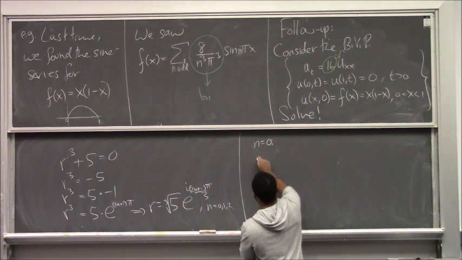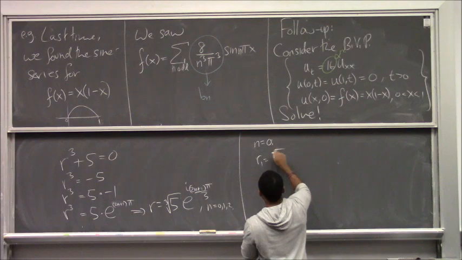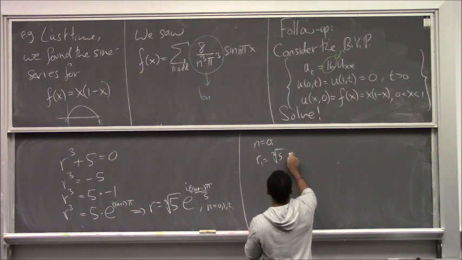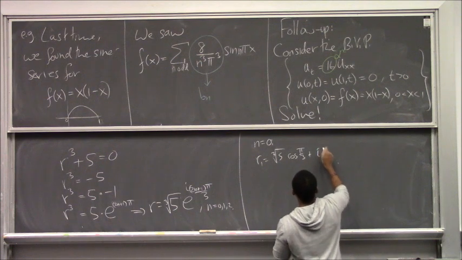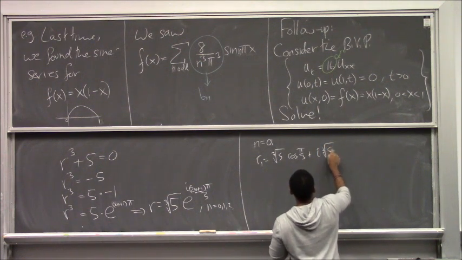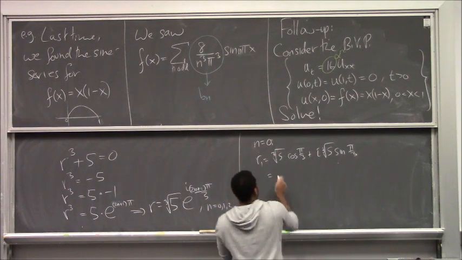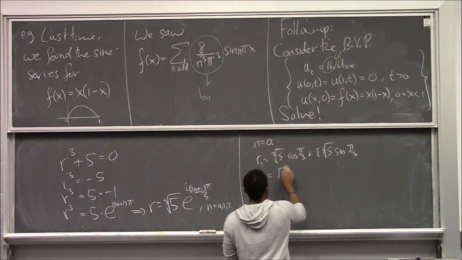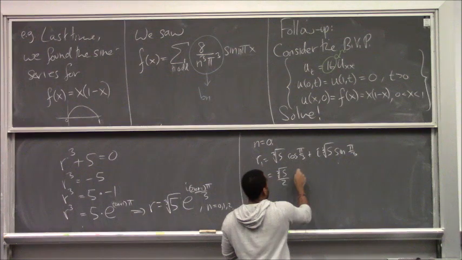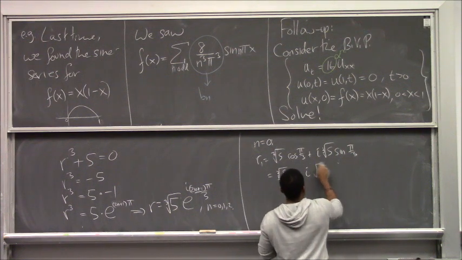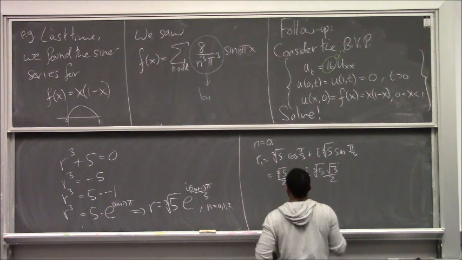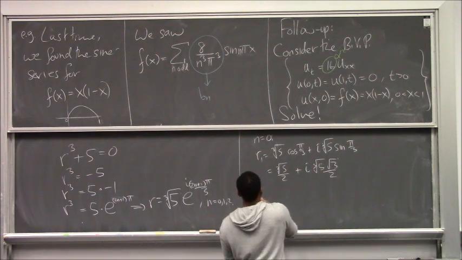Your r1 is the cube root of 5 times cosine pi over 3 plus i sine pi over 3. Cosine pi over 3 is one half, sine of pi over 3 is radical 3 over 2, from the unit circle.